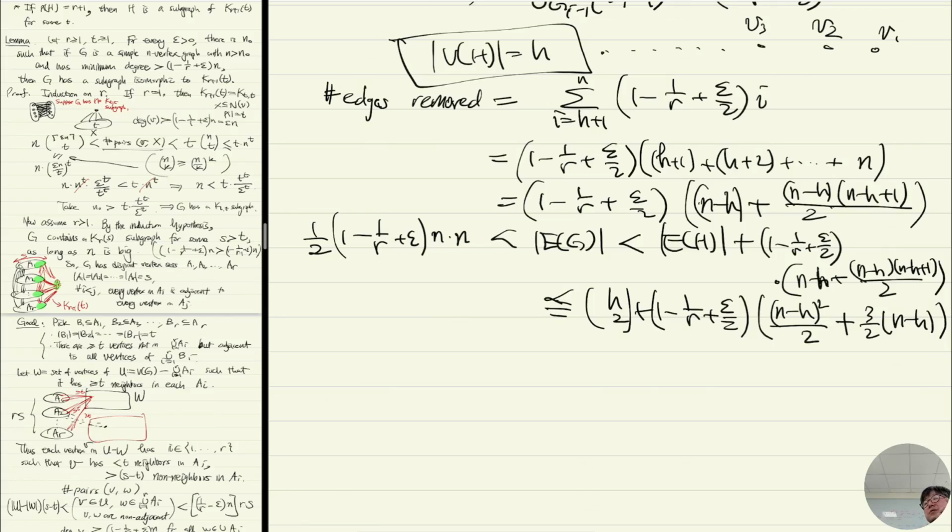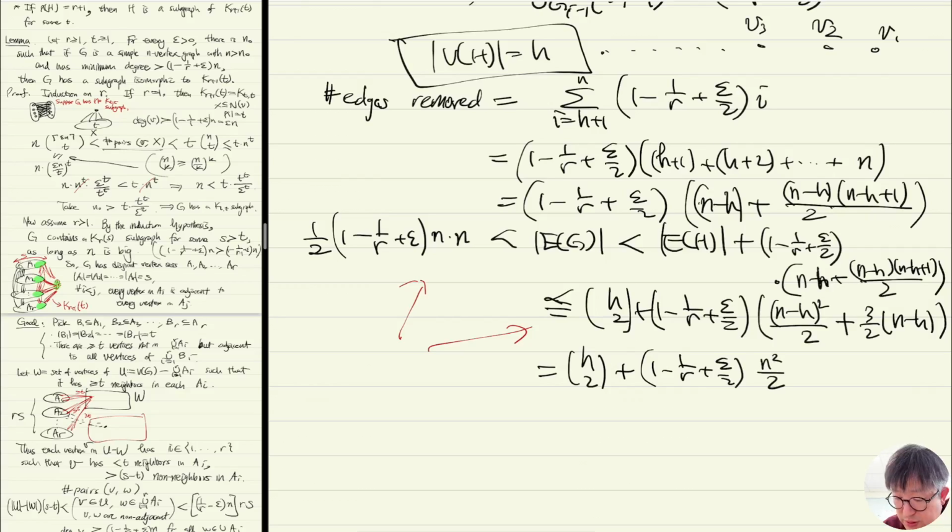Now we can look at these two inequalities. What do we observe? You have some common terms actually. H choose 2 minus 1 over r plus epsilon over 2 times n squared over 2 minus hn plus h squared plus 3 over 2 n minus 3 over 2 h.